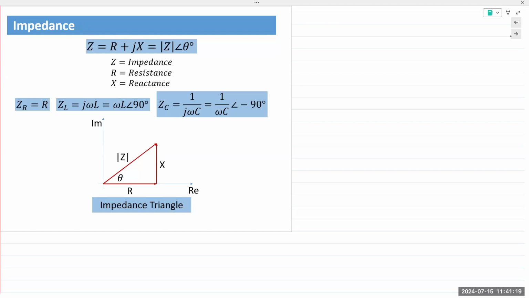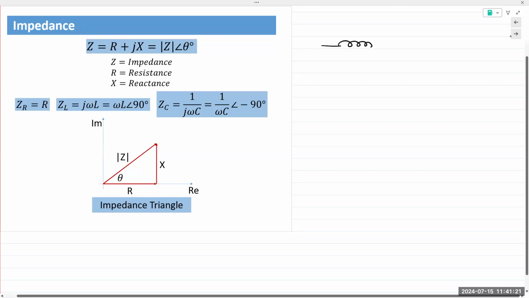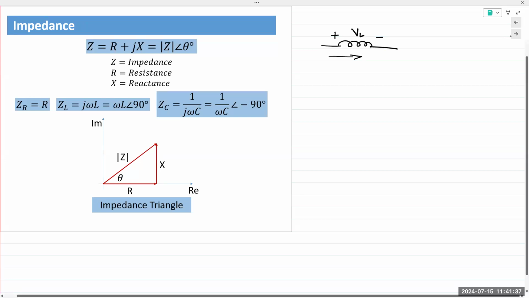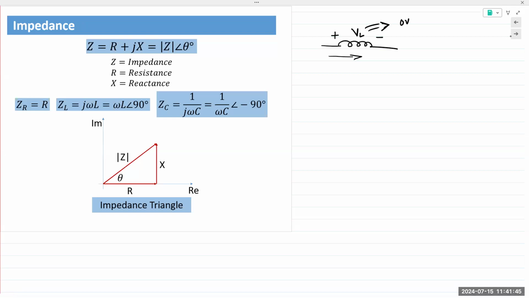Let me explain this diagram. Let's say current enters the inductor from the left. So the voltage would have plus on the left, minus on the right. After some point, the inductor will reach full charge. Once it reaches full charge, this inductor voltage would go to 0 volts. So plus minus would not matter.